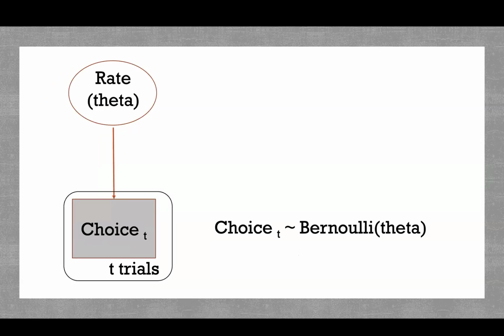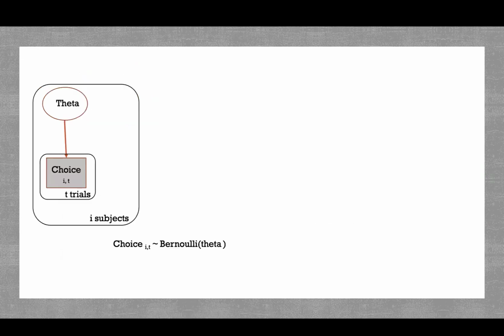We can represent that there are multiple trials. This is the plate notation. We put a rectangle around it, and we put a subscript T for trials. But this is going to be repeated by I subjects.